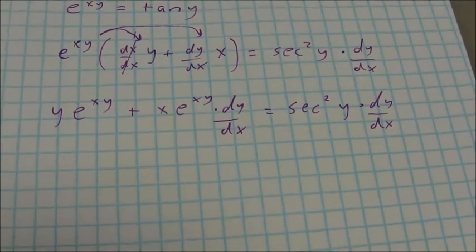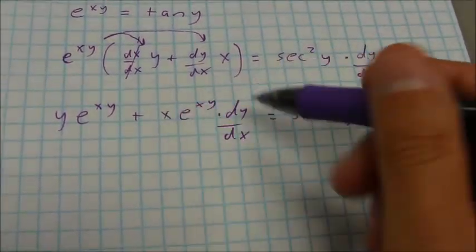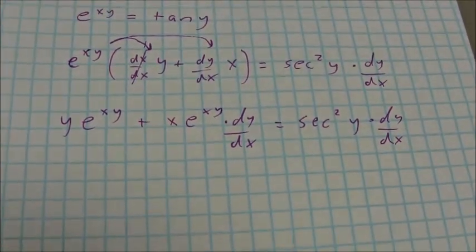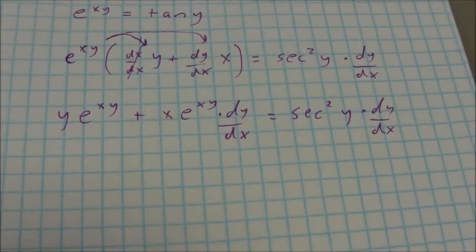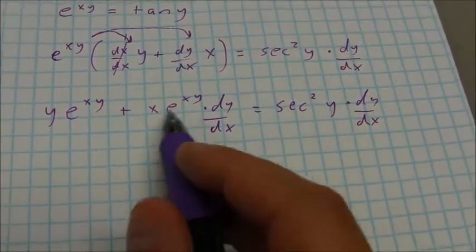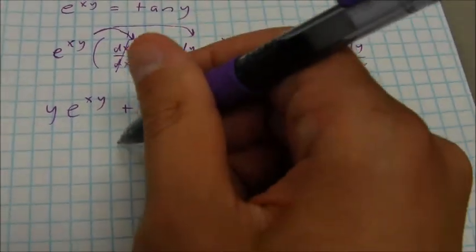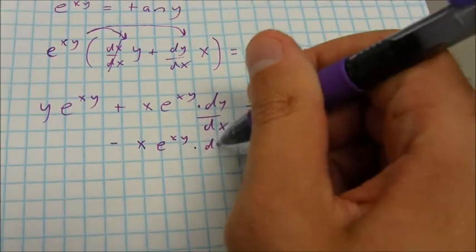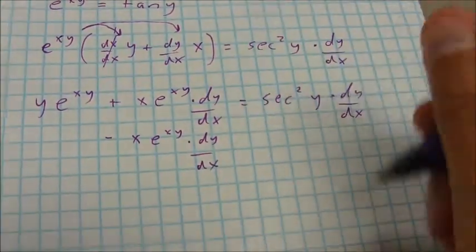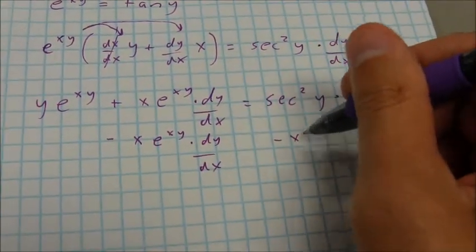Looks like it's going to be a little bit easier if I take this value over to the right side of the equation, since I only have that one dy dx over on the right side. Notice everything's a product here, so I can just move that term by subtracting. And yes, I know it's kind of big, but how it goes sometimes.